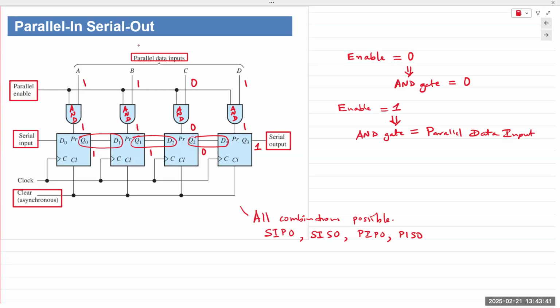So have you ever used parallel connections, serial connections? No, you use serial connections every day. Universal Serial Bus, USB. That's where it comes from. So a USB connection is a serial connection.